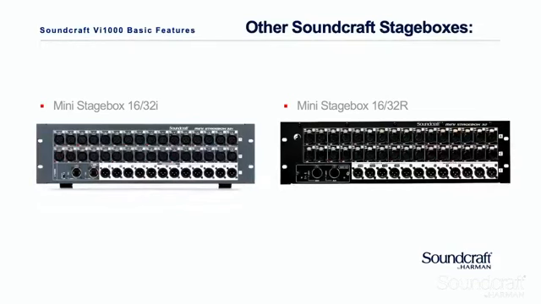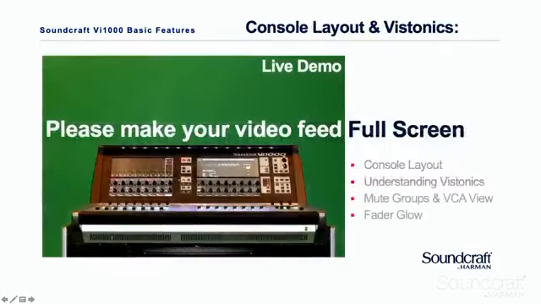So if you have SIs and you're upgrading to a VI, those racks are not wasted. You can put another card in and then put them in front of house, and you'll be able to use them for playback ins and outs or for a press split or whatever the case might be. Those are the two options, and that's really all I wanted to say about that.